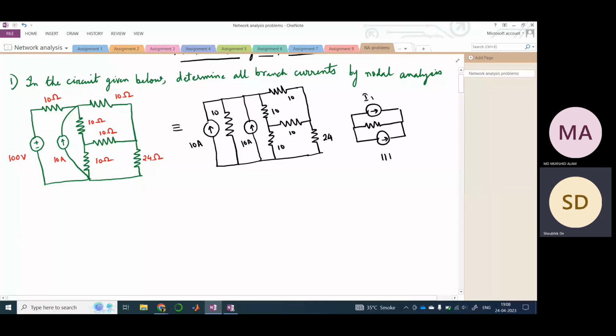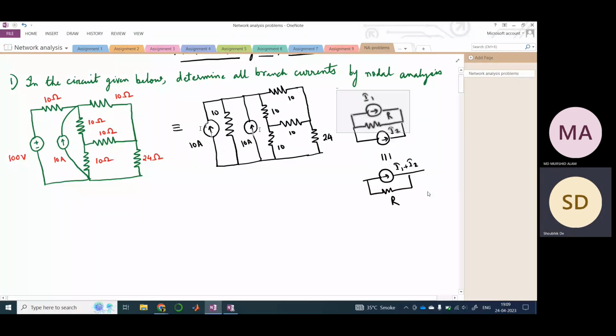If these are I1, R and I2, this can be simplified to I1 plus I2 with a resistor R. We can apply this here, provided these two are in the same direction. If this was in the opposite direction, then this 10 ampere source would have been cancelled by the other 10 ampere source pointing downwards. Since both of these are pointing in the same direction, we are going to add them.